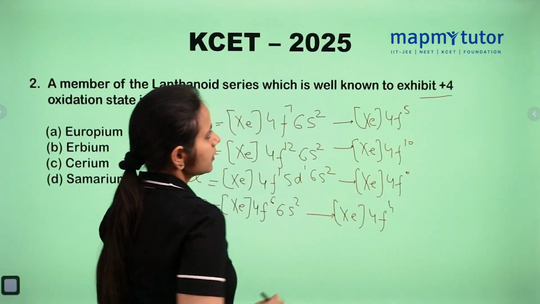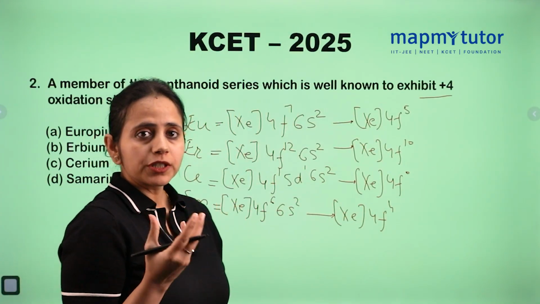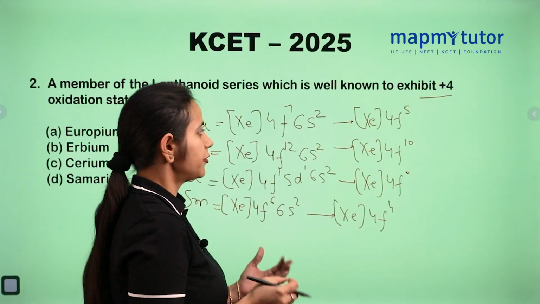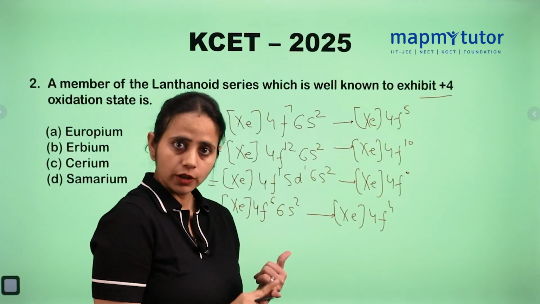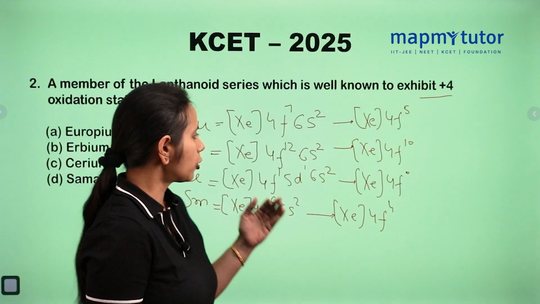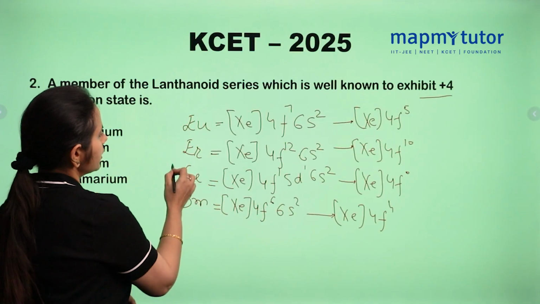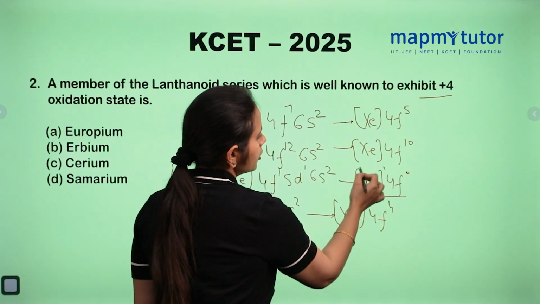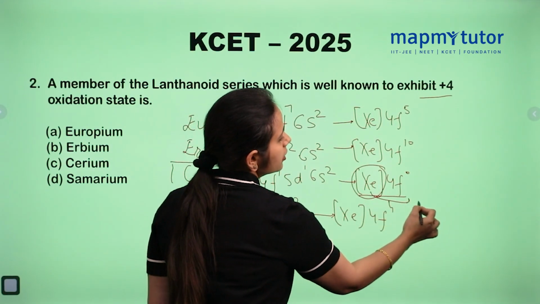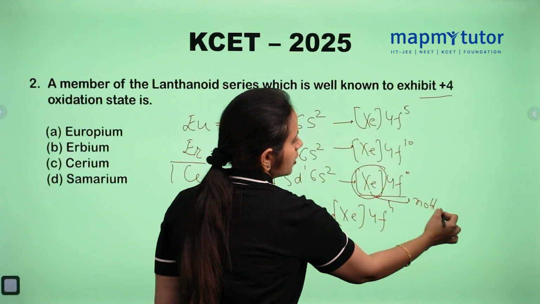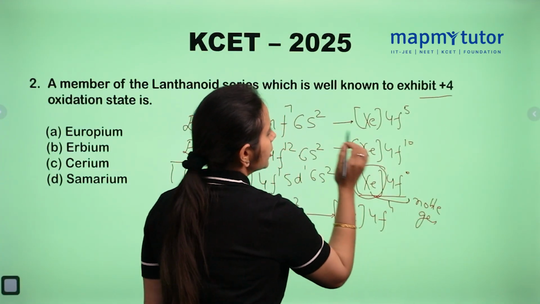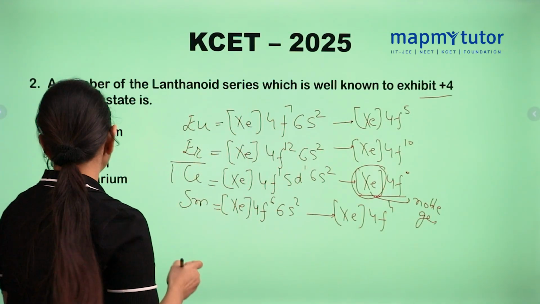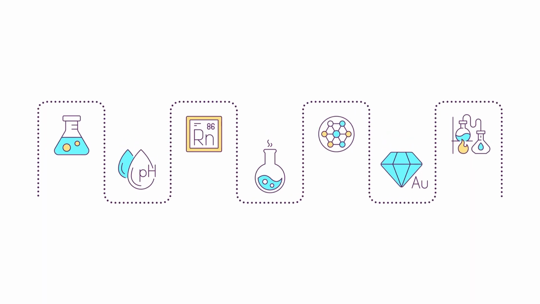Now see, in these, which element will have the most stable oxidation state, where it is either half filled, fully filled, or zero filled? Out of these 4 options, cerium has 4f0, meaning only xenon will be there, which is the noble gas configuration. So this will give the most stable +4 oxidation state. So the answer is cerium.